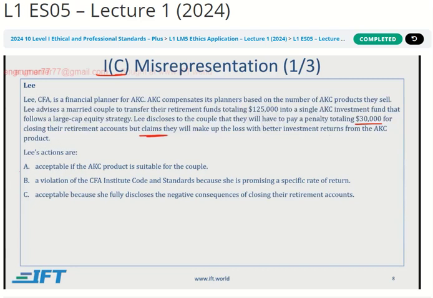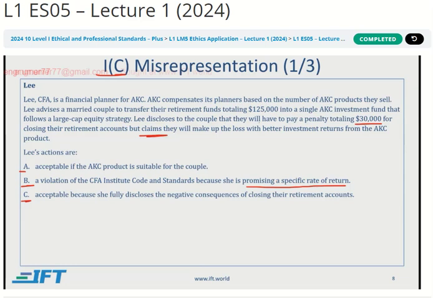Lee's actions are A, acceptable if the AKC product is suitable for the couple, B, a violation of the CFA Institute Code and Standards because she is promising a specific rate of return, and C, acceptable because she fully discloses the negative consequences of closing their retirement accounts. So think about this.